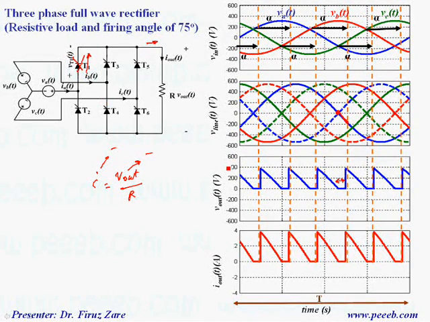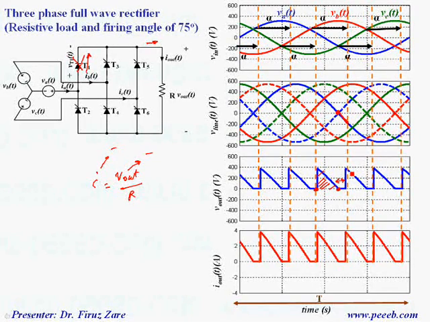So here we can see that for some applications, if we increase the firing angle beyond 60 degrees, in this case, we may turn off the thyristor with resistive load, and we have a different output voltage which should be calculated based on these limits.